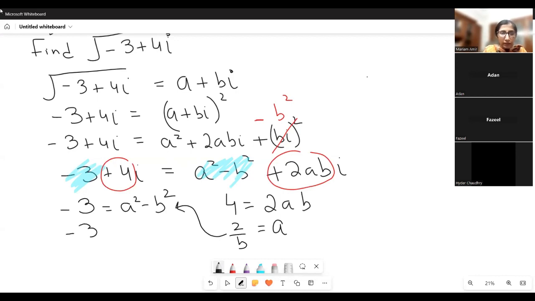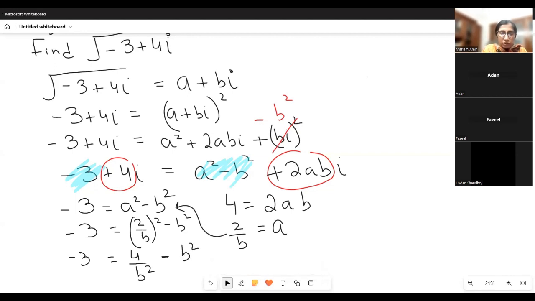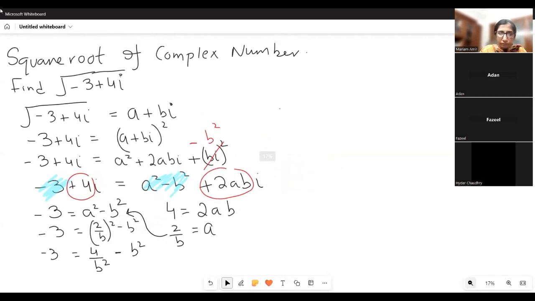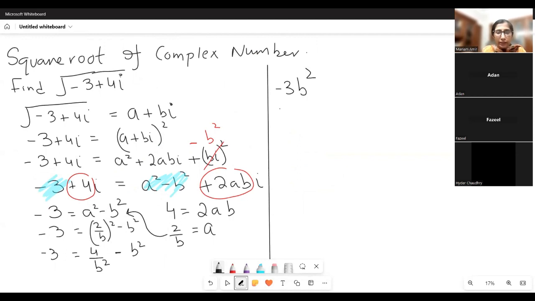So -3 equals a square, a is actually 2 by b. 2 upon b whole square minus b square, which is giving me -3 equals 4 by b square minus b square, which is -3b square equals 4 minus b power 4.